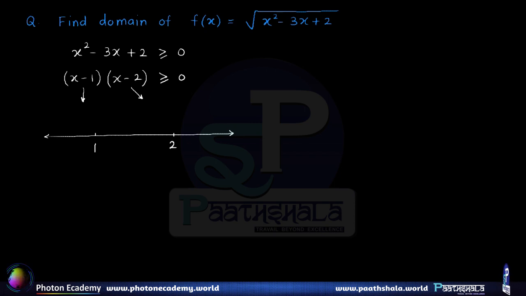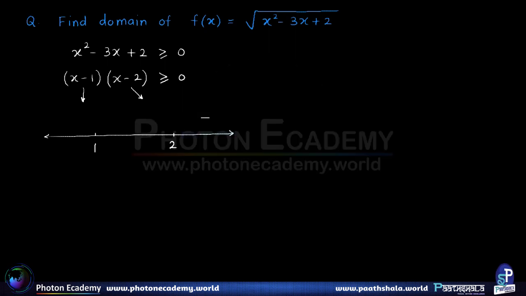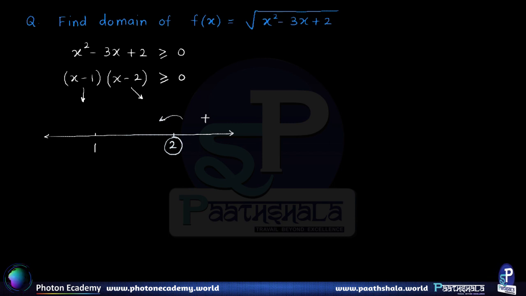Now after marking these values, on the rightmost side we have to mark off the plus, right? And as we travel to the left side, we keep on giving plus or minus signs to those particular intervals. When we are crossing the value 2, for that factor, x minus 2, we have to check its power.